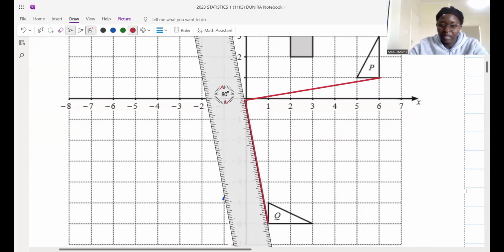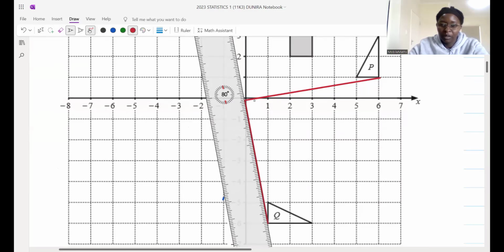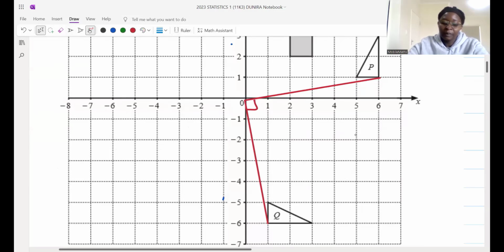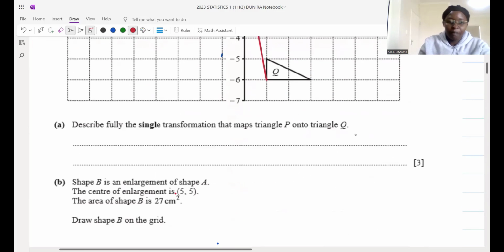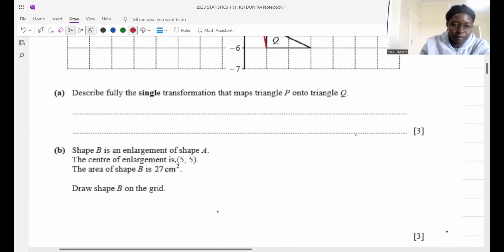So this angle that is being formed here, if you are to measure it, you get 90 degrees. Like I said, we are moving like this, so this is going to be a clockwise rotation. So if we are to fully describe it, it's a 90-degree rotation.